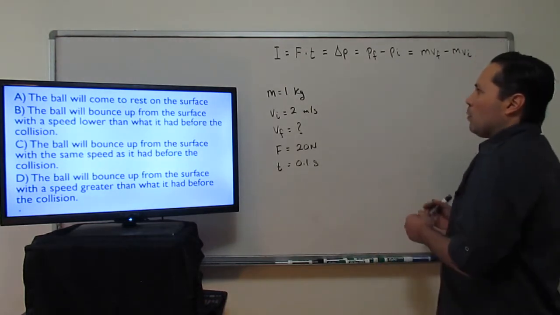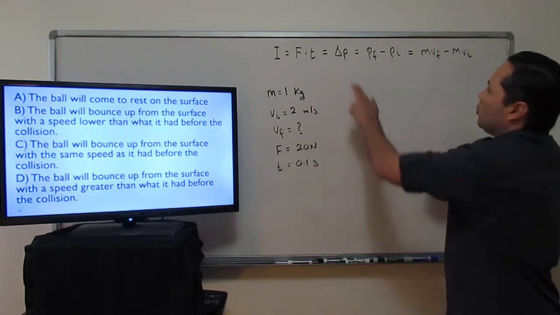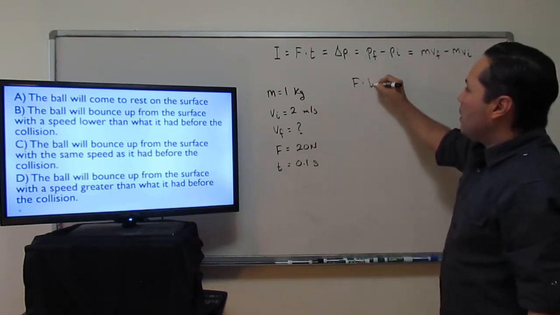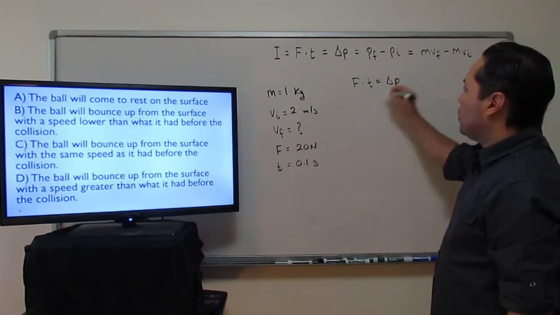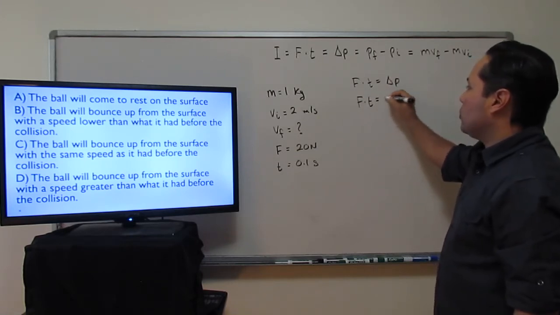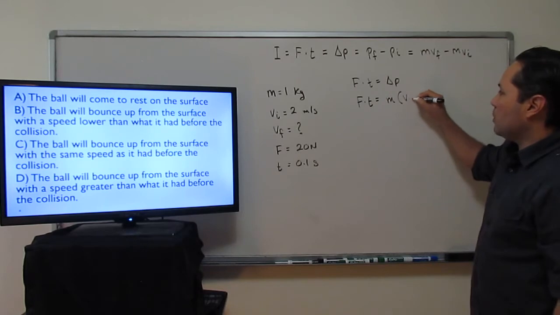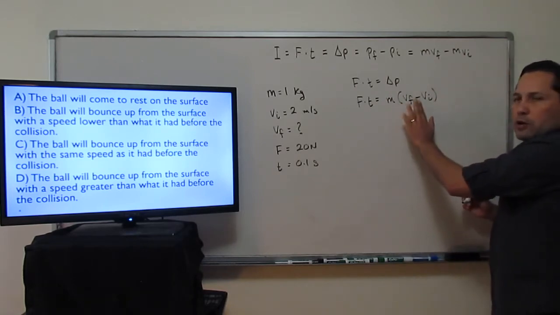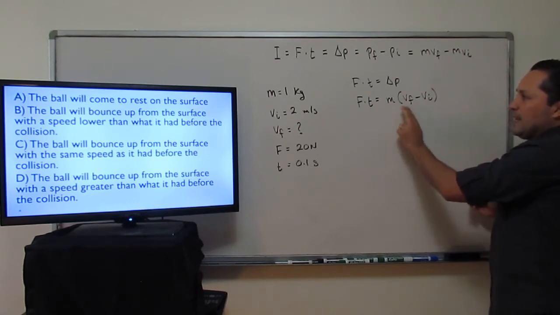So what we're going to use is force is equal to the change in momentum. So force times time is equal to change in momentum, which is force times time equals mass times velocity final minus velocity initial. All right, so what we're going to do now is isolate the velocity final. That's what we're trying to solve for.